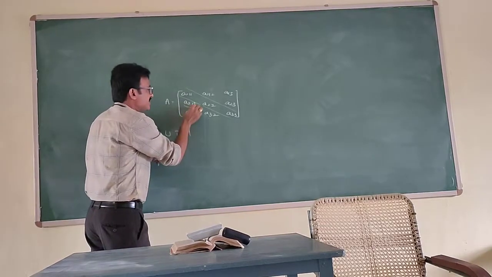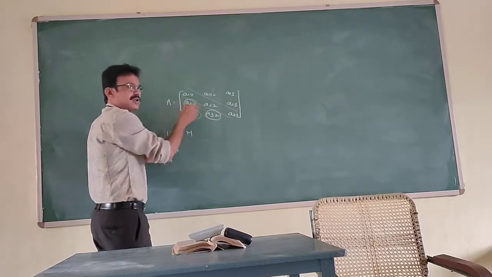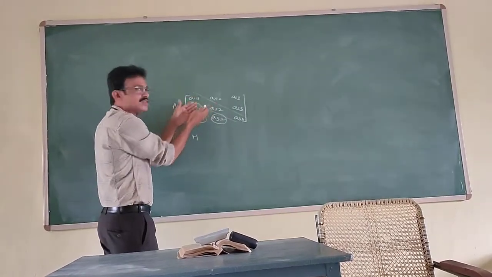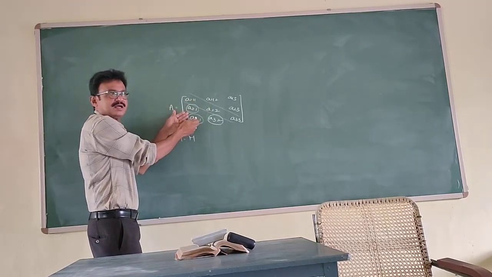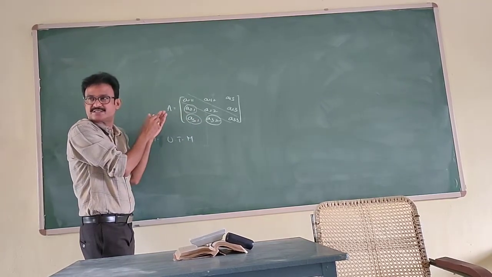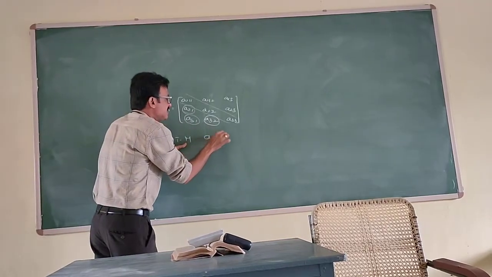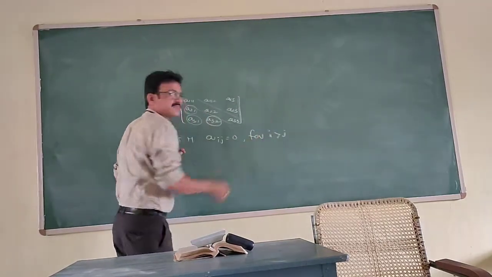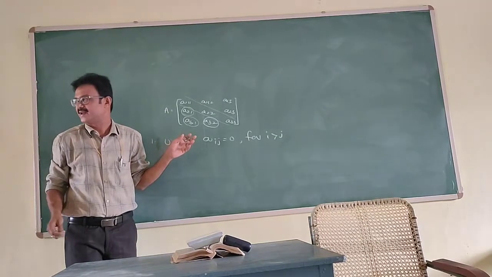That is, if A21, A31 and A32, these three elements are equal to 0, that is, all the elements below the diagonal are 0, then it is called an upper triangular matrix. The actual definition is a_ij equals 0 for i greater than j.